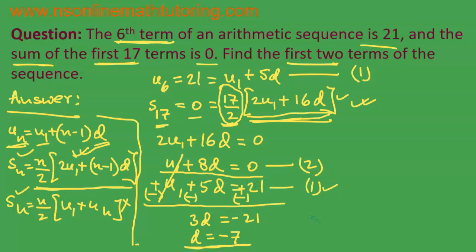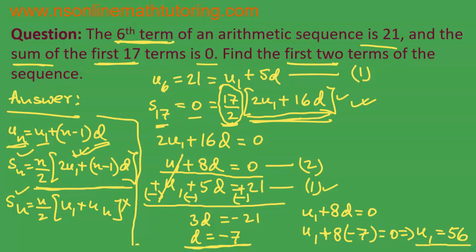So I am taking u1 plus 8d is equal to 0, or u1 plus 8 times negative 7, because d is negative 7, is equal to 0, which gives us the u1 value as 56, because u1 minus 56 is equal to 0, implies that u1 is equal to 56. Therefore, the first term is equal to 56.